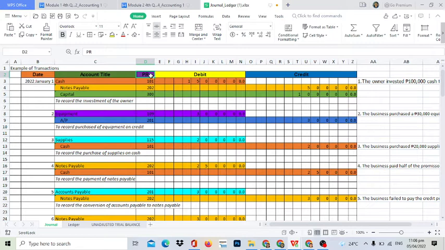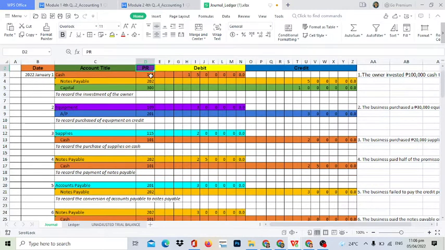So, based sa ibinigay ko po sa inyo last meeting, nagbigay na po ako ng post reference from assets to expenses. So, yung cash po natin is 101. Ayan po. And then, yung notes payable po ay 202. And then, yung ating capital is 300. Okay.